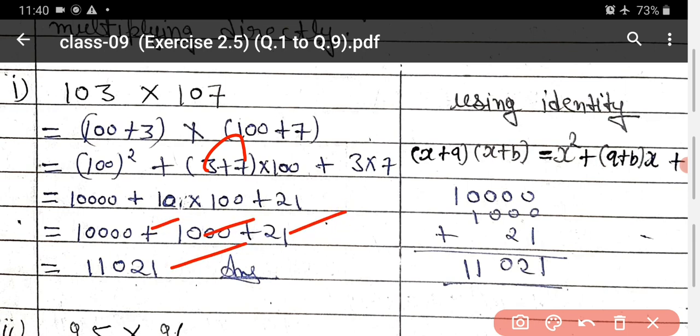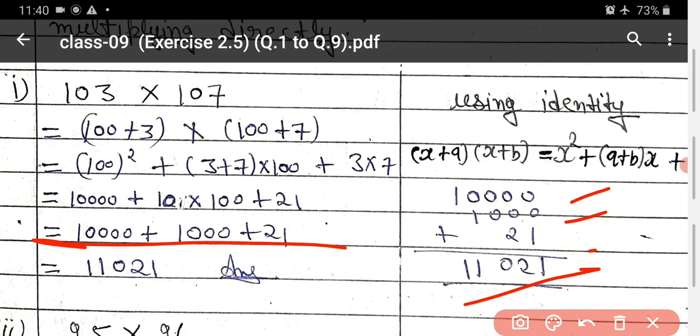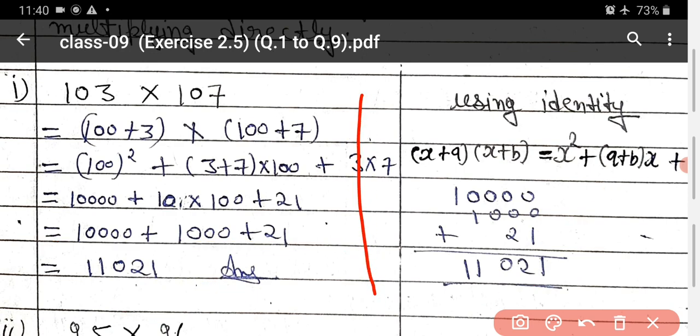Now simply add, and you will get 11021. So you have to use the property without multiplying directly. You have to break the terms so that it becomes x plus a and x plus b.